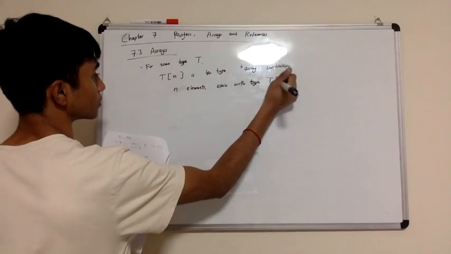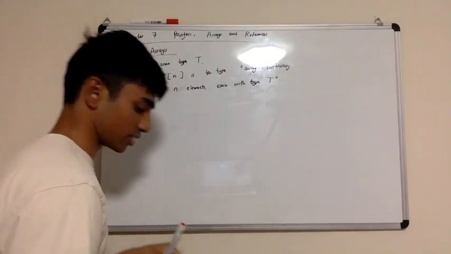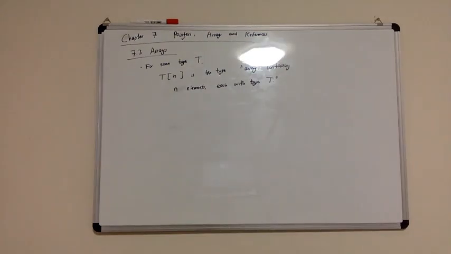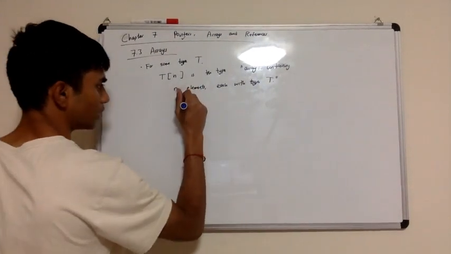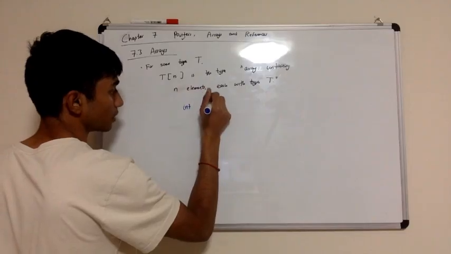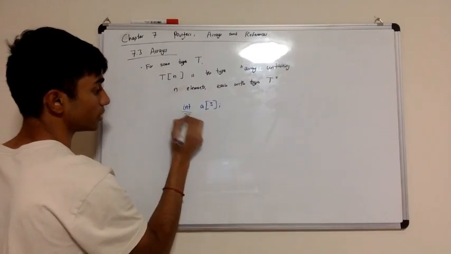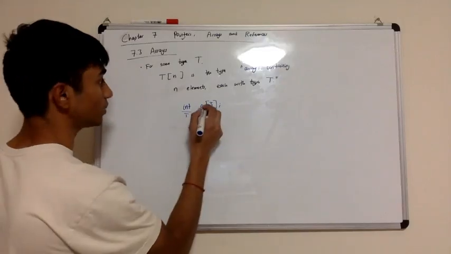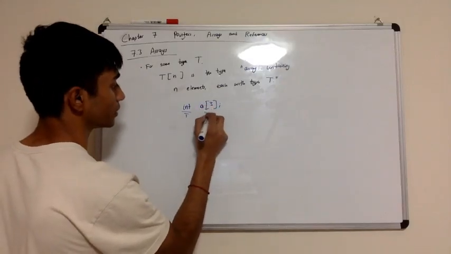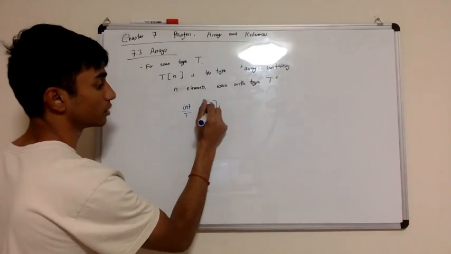We've seen examples of this across the 2 videos so far. If we see something like int a, and then 3 in brackets, the t in this example is the int, and the 3 is the n part in the brackets.